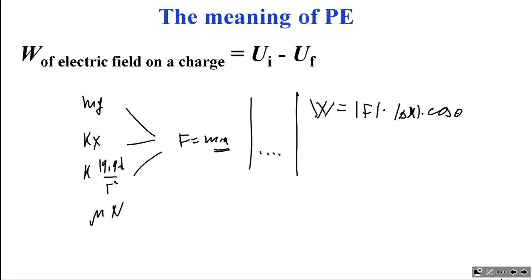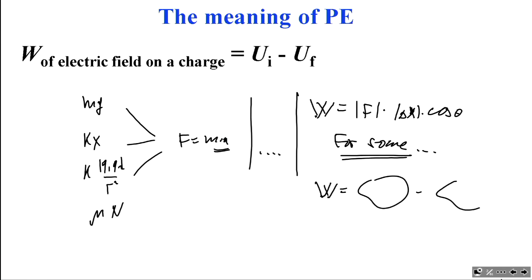And turns out, for some of those forces, no matter what experiment we run, we always come up with a combination of variables such that if we subtract final value of those variables from initial, we get the work done.